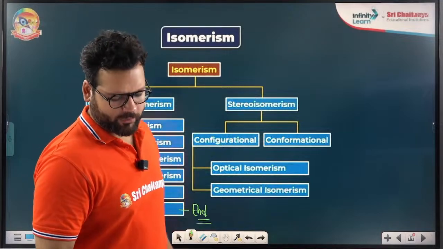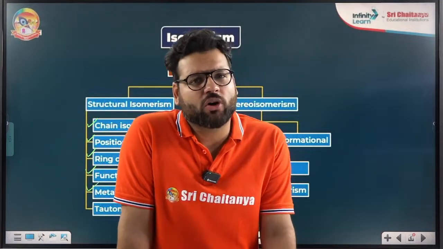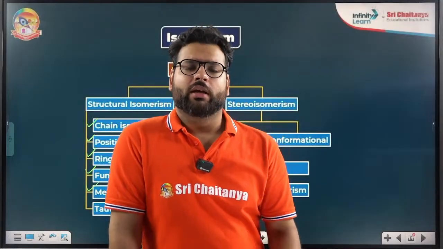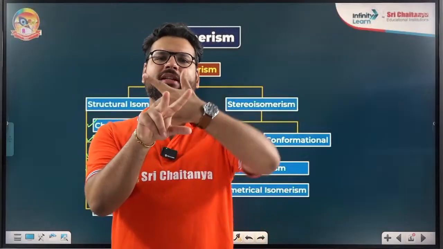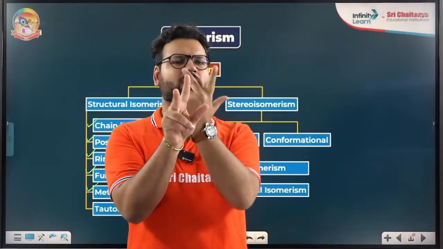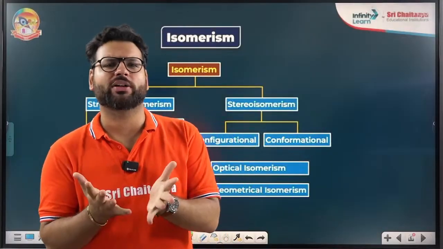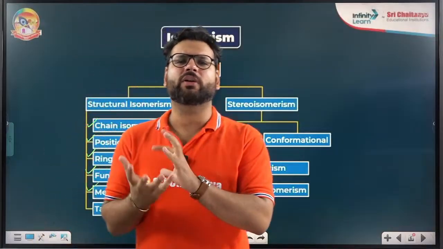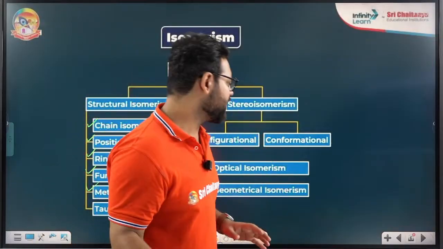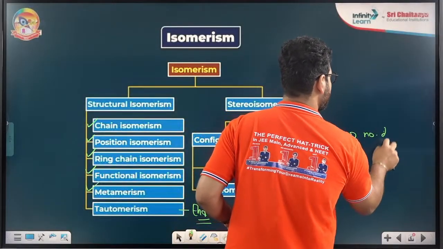What is configurational versus conformational? When the spatial arrangement is different and you can keep changing it, that is called conformation. Conformational isomerism is not a true isomerism. They keep converting into each other, and conformational isomers are always going to be an infinite number of isomers.